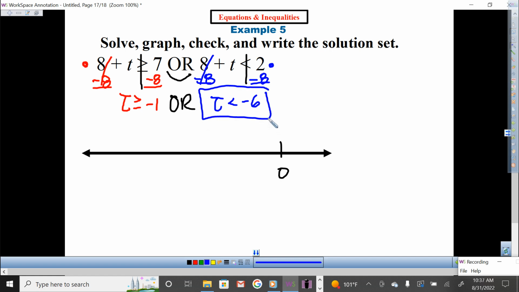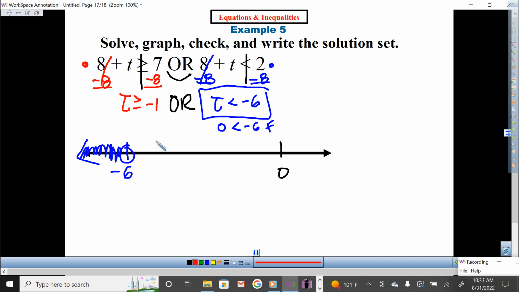So I start at what? Negative 6 is my dividing point. Open or closed point? Open, because it doesn't have an equal sign. I'm going to test 0. Is 0 less than negative 6? No, that's false. 0 doesn't work. So if I'm not going towards 0, I'm going to go in the opposite direction.